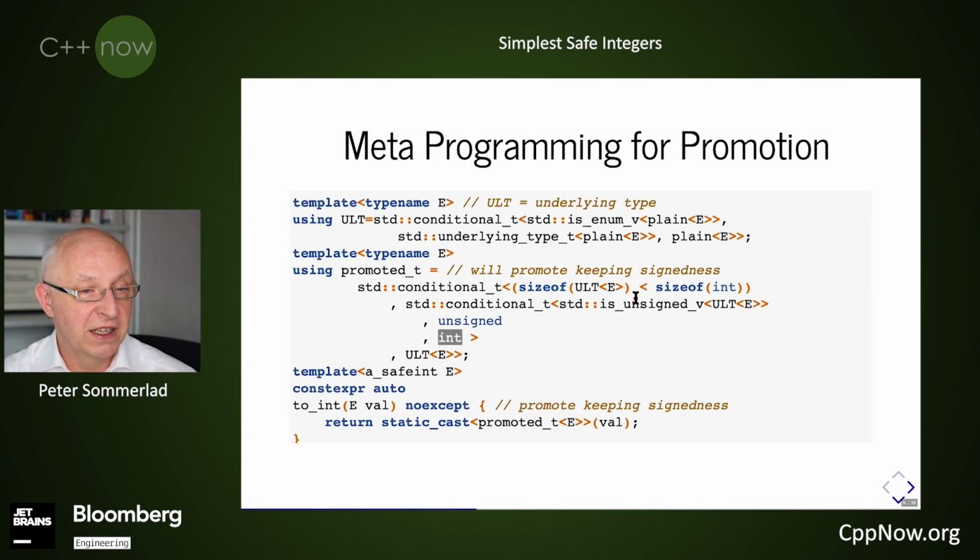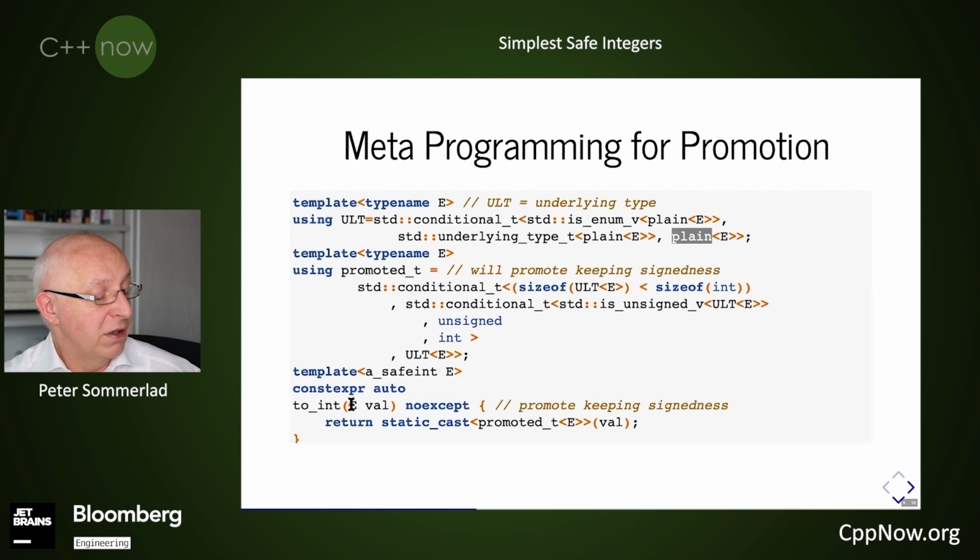Now, to make use of that, I again have a shorthand for the underlying type. So if it's an enumeration type, I use it. If it's not an enumeration type, I use a plain type, and that's mainly there to prevent the code from giving you compile errors when you more or less try to promote an underlying type that's not an enum type already.